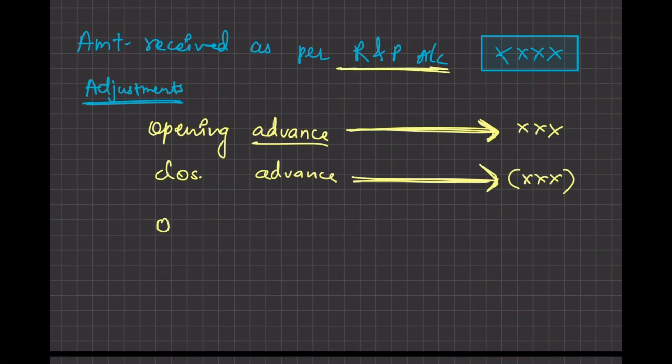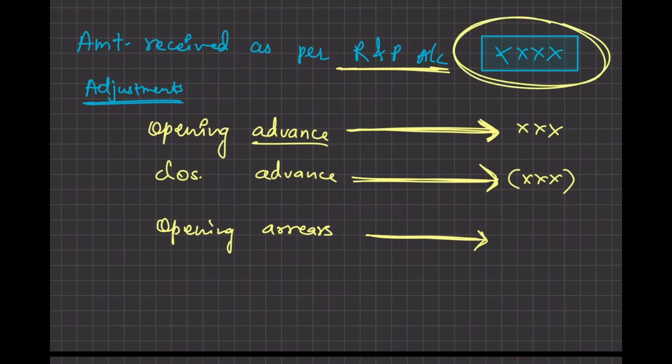Okay. Then opening arrears. Opening arrears is the income of the previous year. So if that is included in this amount, you should deduct that. And whatever is the closing arrears, just add it.